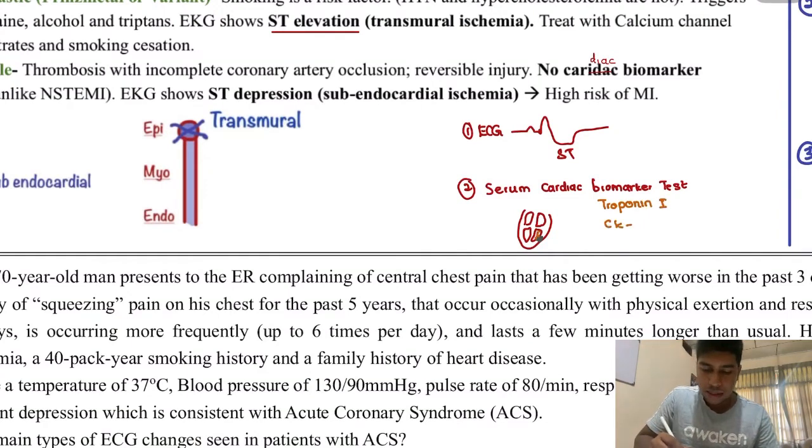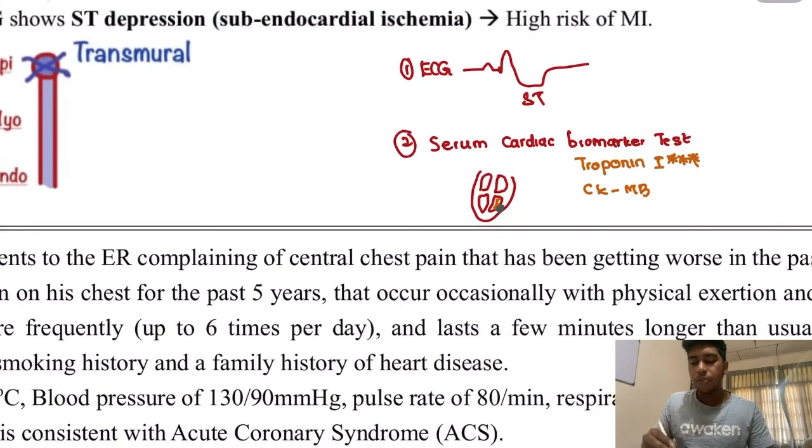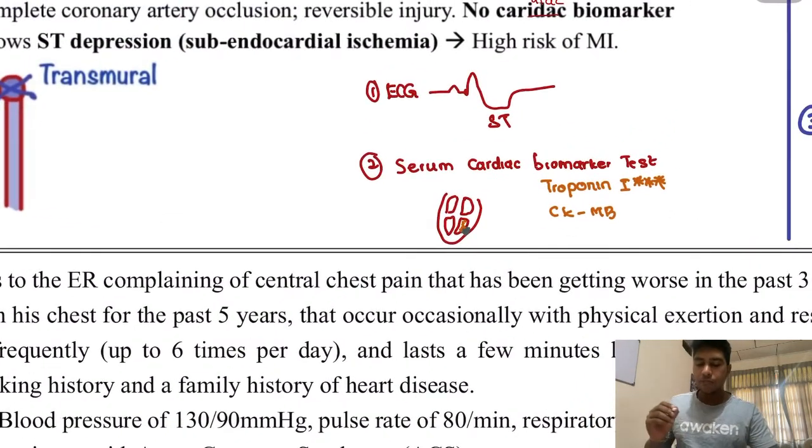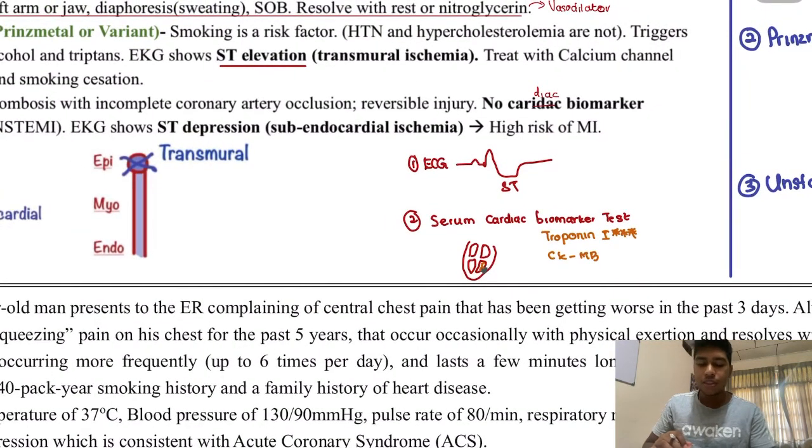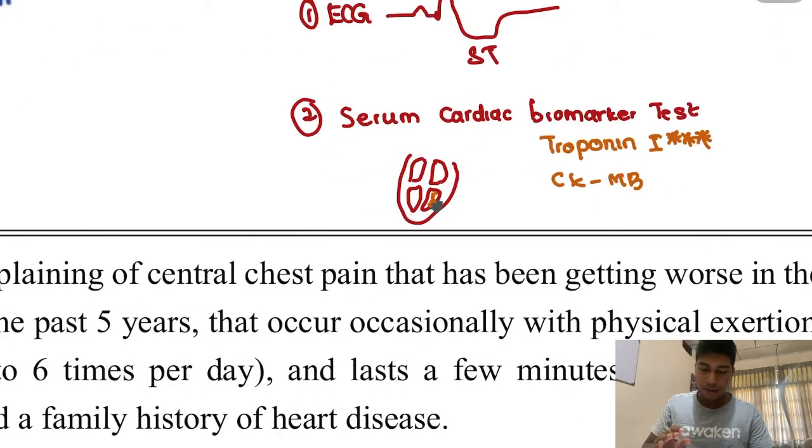For example, there's a substance called troponin I or CKMB. Troponin I is the one we check for, because CKMB can also be found in normal myocytes, normal muscles. Sorry, you will get them in skeletal muscles also. So the serum cardiac biomarker test is done to see if a myocardial infarction has happened.